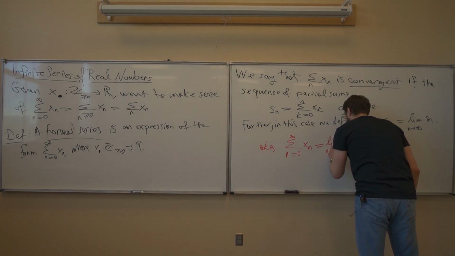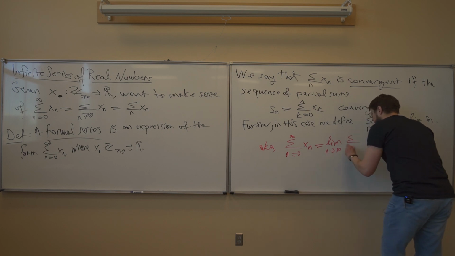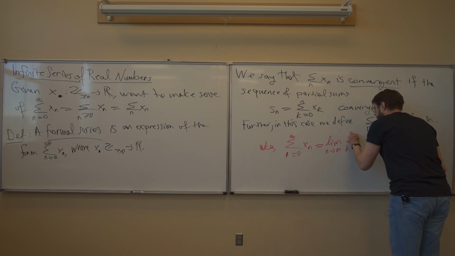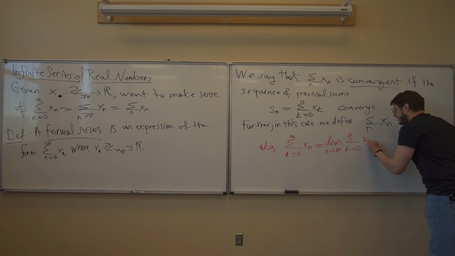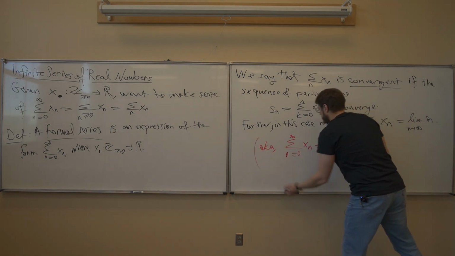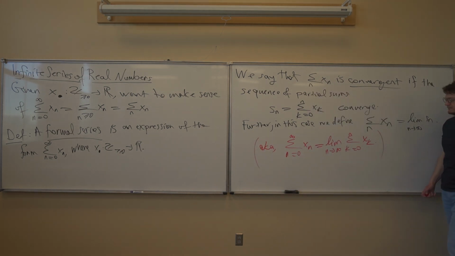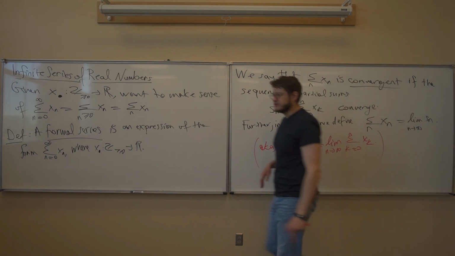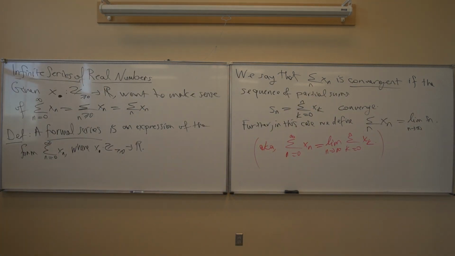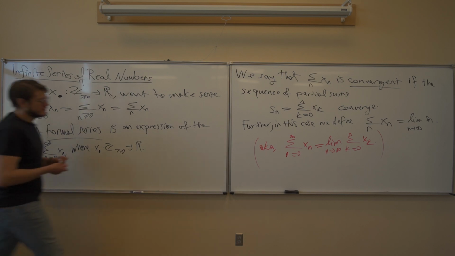Limit as n goes to infinity, sum over k from 0 to n, x sub k. Okay? So this you should think of in analogy with the improper integral from 0 to infinity.